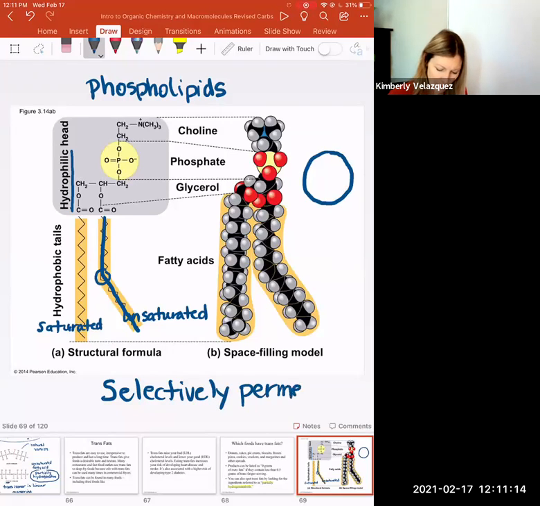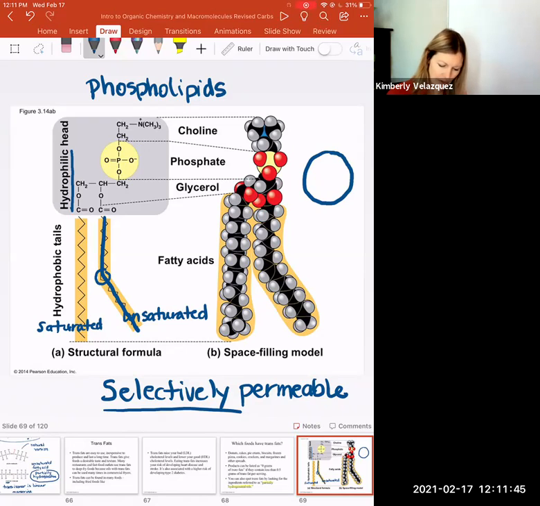Okay, permeable means stuff can move through. It's not completely keeping molecules in or out, but it's selecting what can move through. And part of this selective permeability is based on the fact that some of the fatty acid tails on those phospholipids have this bend. They're the unsaturated fatty acids, and that bend allows a little space where certain molecules can move through.